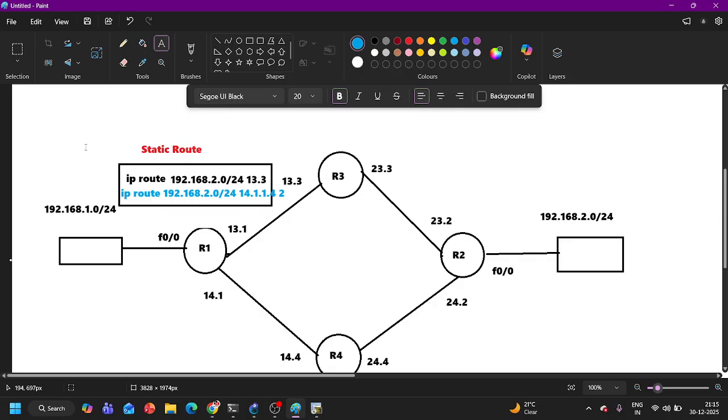Another issue is that in a large network, adding routes manually is difficult, when you have, let's suppose, 5,000 networks. Does anyone know how many routes are present in the routing table of a global router on the internet today? Just search for the routing table size of a global router on the internet. Check once, please.